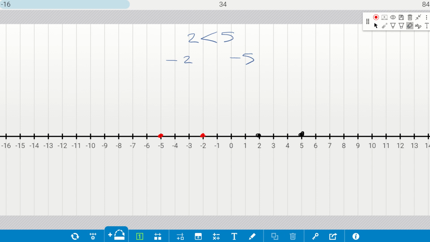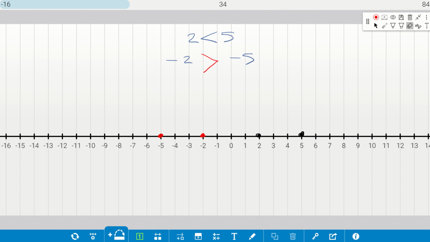Which one is larger? You see, -2 is actually larger than -5. So things get switched around when we look at the negative part of the number line, right? So the correct direction for the inequality here would be -2 is greater than -5.